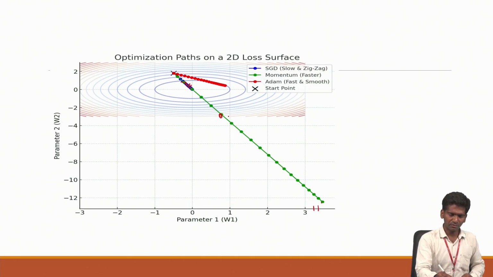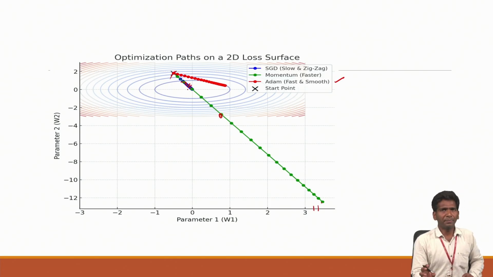Here the speed is more, that's why it covers more distance. Next, Adam is fast and smooth, with constant speed. This is the start point and it tries to reach here.